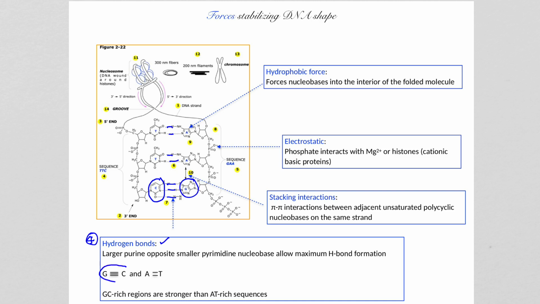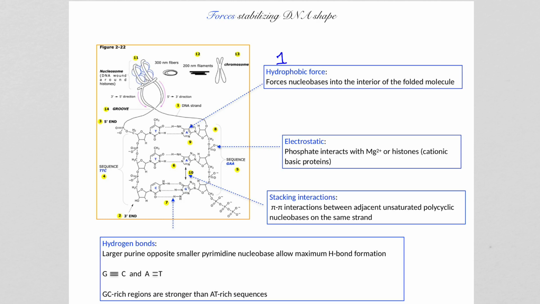The GC interaction involves 3 hydrogen bonds, while the AT interaction involves 2 hydrogen bonds. So clearly those parts of DNA that have a lot of G and C are stronger because there are 3 hydrogen bonds per GC compared to 2 per AT.